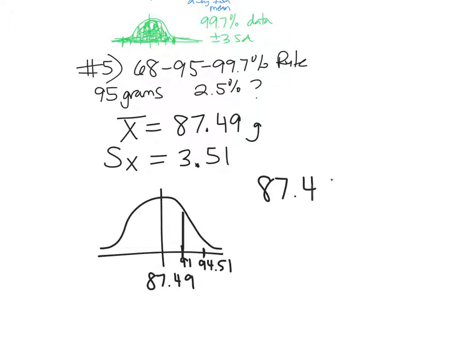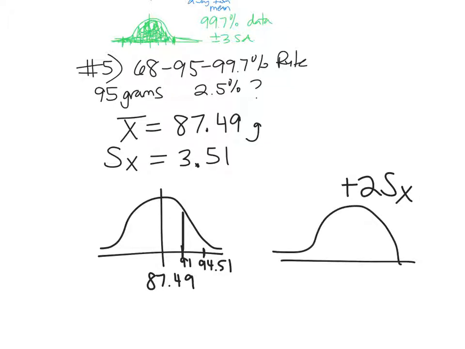Okay? Some people like to do it this way. You take the mean, 87.49, and you add 2 standard deviations. To find out if you are in the top, okay, so 95, I should have explained that a little bit better too. 95% is 2 standard deviations away, but that means that this right here is 2.5%.